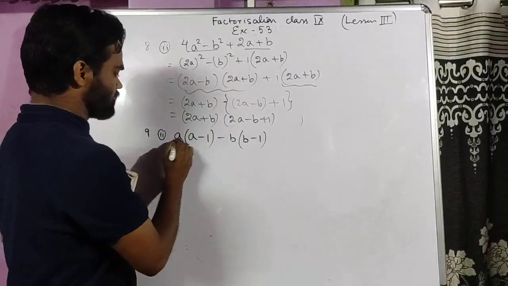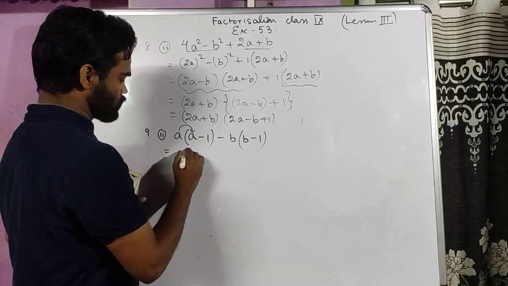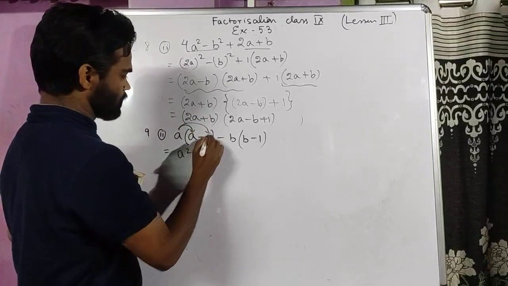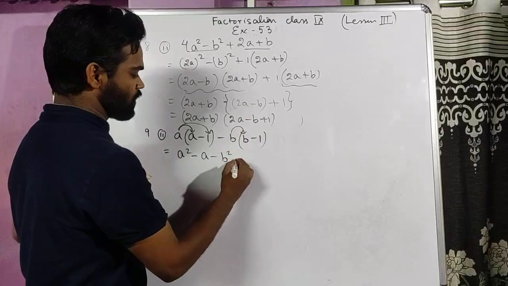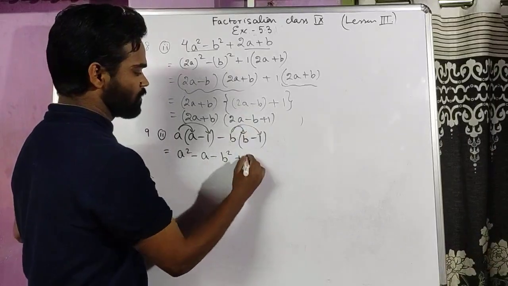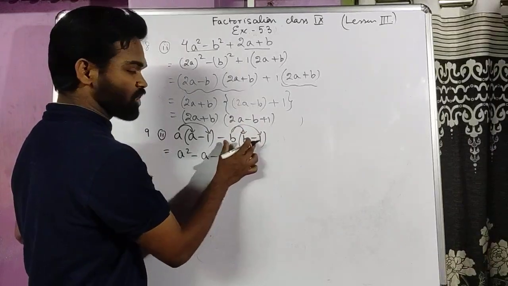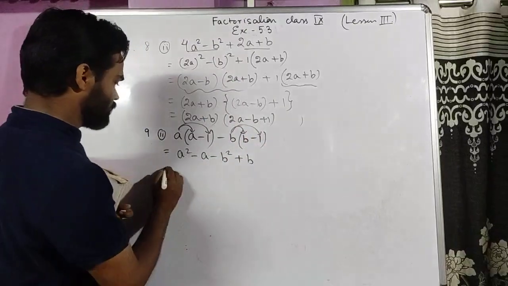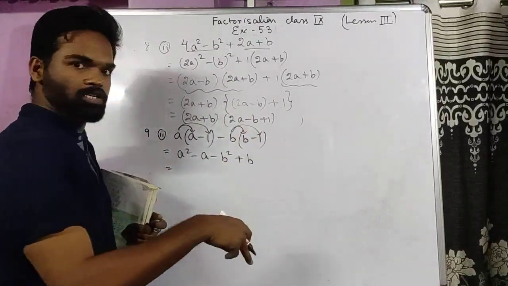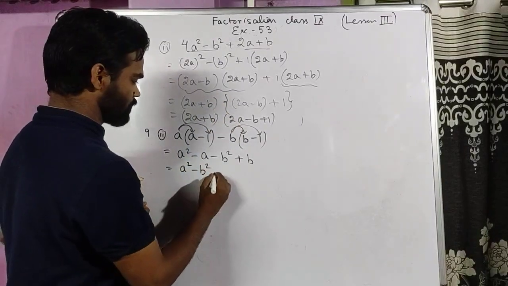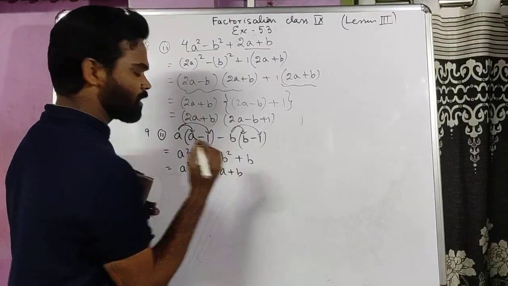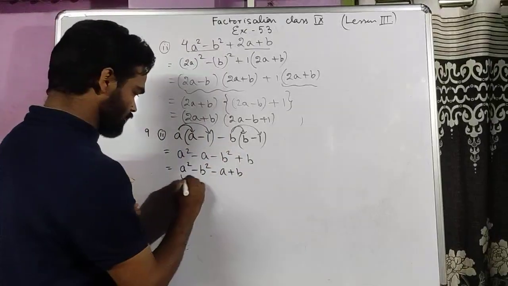First we'll open the bracket: a square minus a minus b square plus b. Why plus b? Because the sign changes when you open the bracket. Now I need to rearrange and then I'll proceed. Can I write like this? Now look carefully.